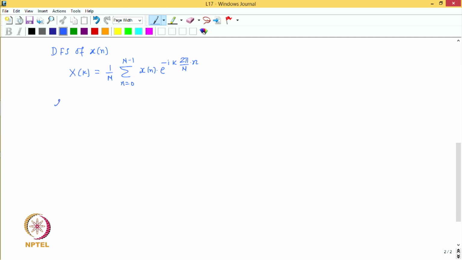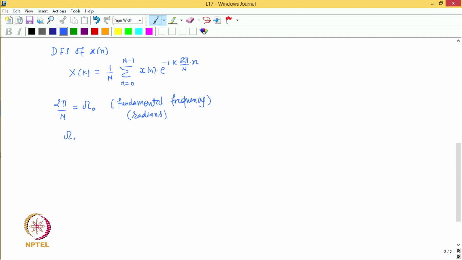Now here 2 pi by N we call the fundamental frequency, and we represent it by uppercase omega naught. This is nothing but the fundamental frequency of the discrete sequence. The unit of this, you can note here, is radians.